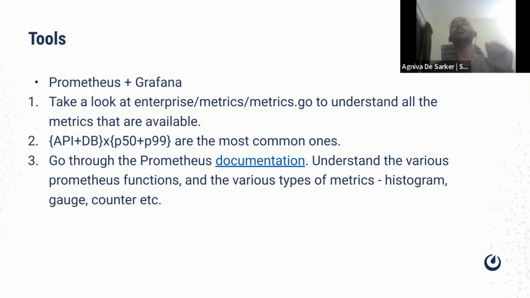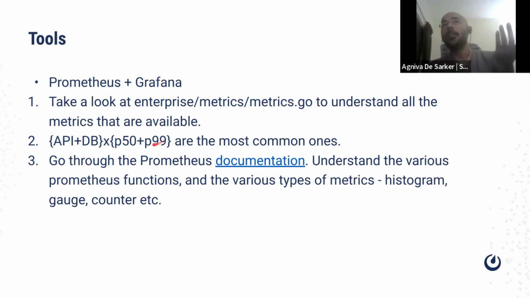Okay. Now we come to Prometheus and Grafana, and from this point, we'll delve deep into this sort of stuff. All of our Prometheus metrics are specified in this file. I would recommend all of you to go through this file and understand all of the metrics we have, because that is the basic fundamental step in understanding which component has metrics available or not available.